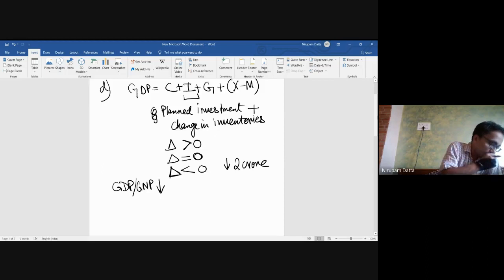Question 4. How are saving and investment treated in national income accounts? In this context, draw a distinction between saving investment equality and saving investment equilibrium. Okay.